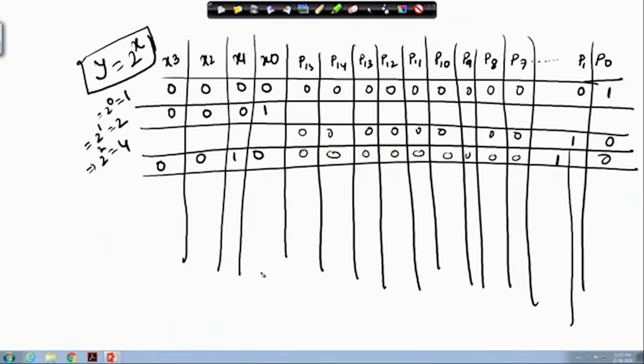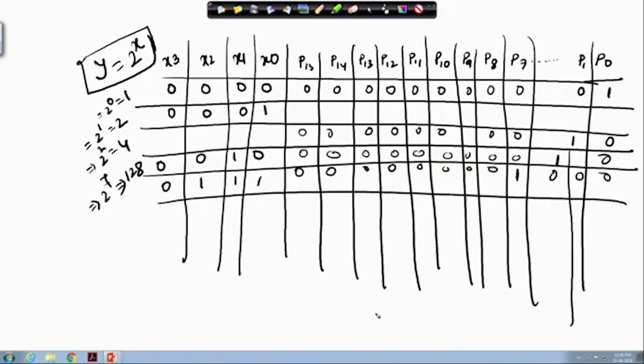The same if x is 0 1 1 1, that is 7: 2 to the power 7 equals 128, so only P7 will be 1 and the rest will be 0.